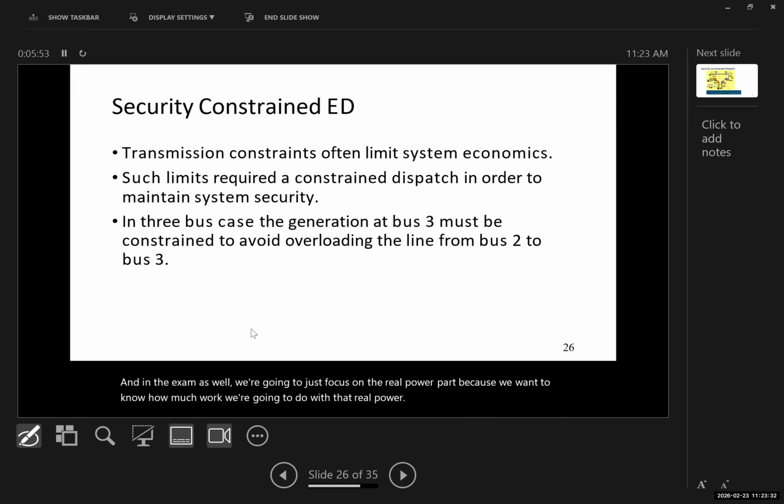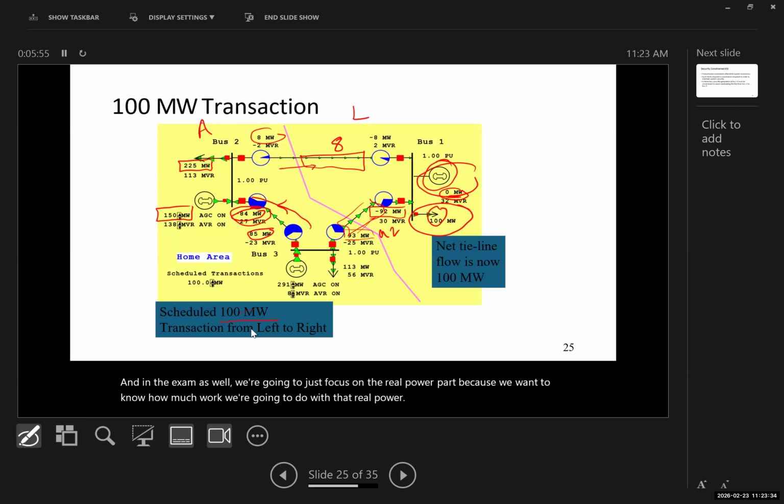Now, for this particular one, we may not have any problems, but sometimes we have some constraints on the system, meaning the line is not able to handle 100 megawatt power passing through it. You're going to damage the transformers, the transmission lines, sagging is going to cause a lot of problems.